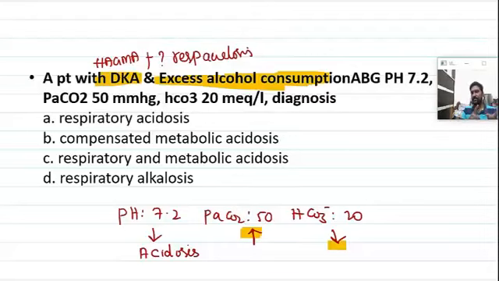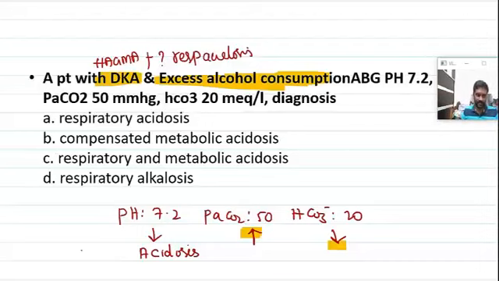And most importantly is the history here. History, there is metabolic acidosis in terms of bicarbonate decrease and CO2 is increasing in terms of respiratory acidosis with respect to excess alcohol consumption. So most probably it should be a mixed acid-base disorder, both respiratory acidosis and metabolic acidosis.